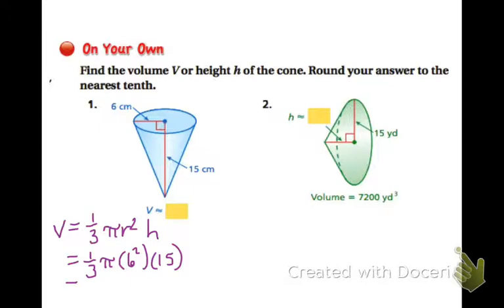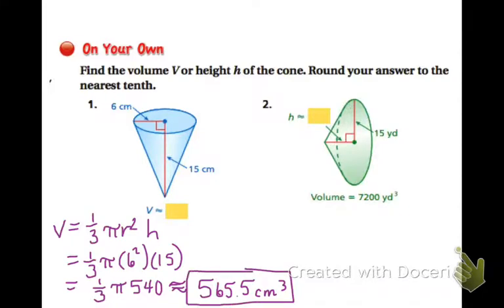If we multiply, 6 squared is 36, 36 times 15 is 540. When you multiply 540 times the pi button and then divide by 3, you get approximately 565.5, rounding to the tenths, centimeters cubed.